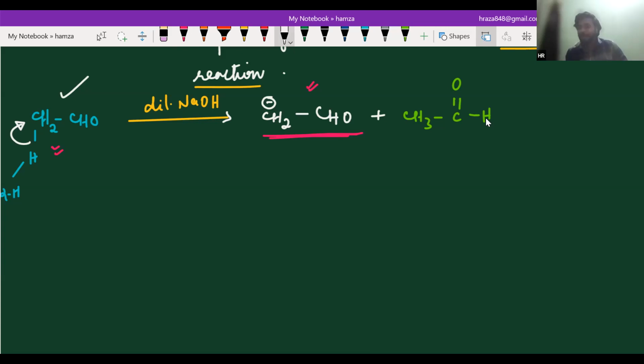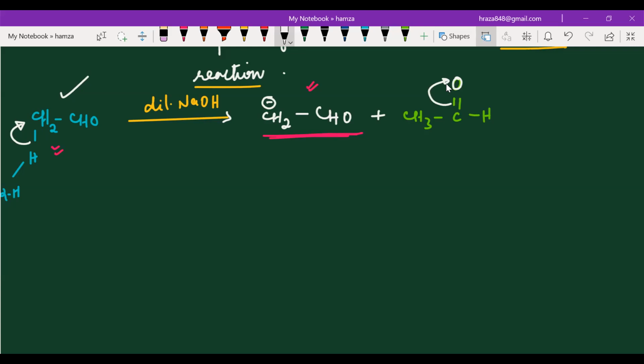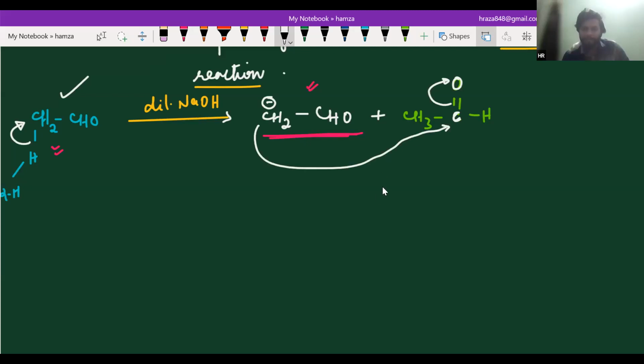How are you going to make an electrophile? Electrophile is the one which has deficiency of electron. As you know, this oxygen is more electronegative, so it will take electron from carbon. Are you getting my point? So there will be deficiency of electron on this carbon, so this CH2 minus will attack on this carbon.